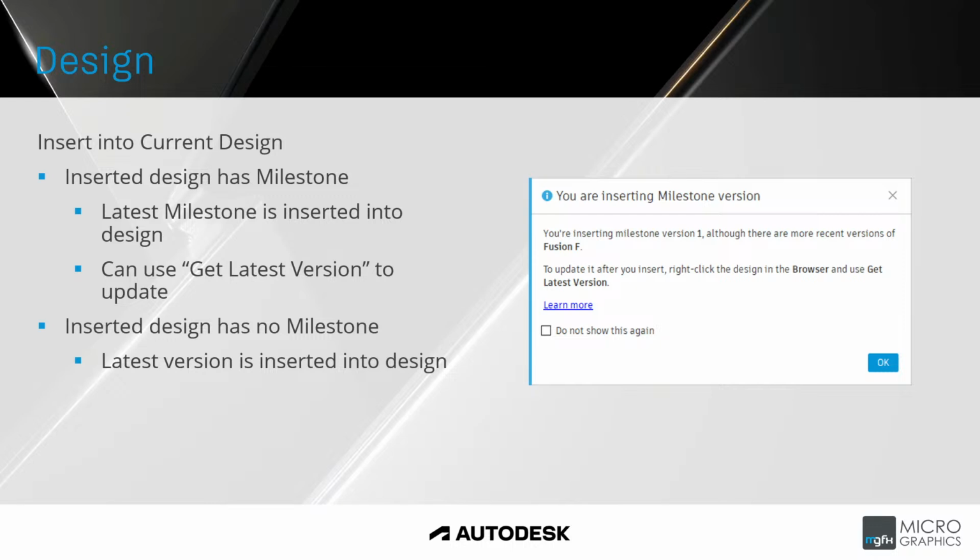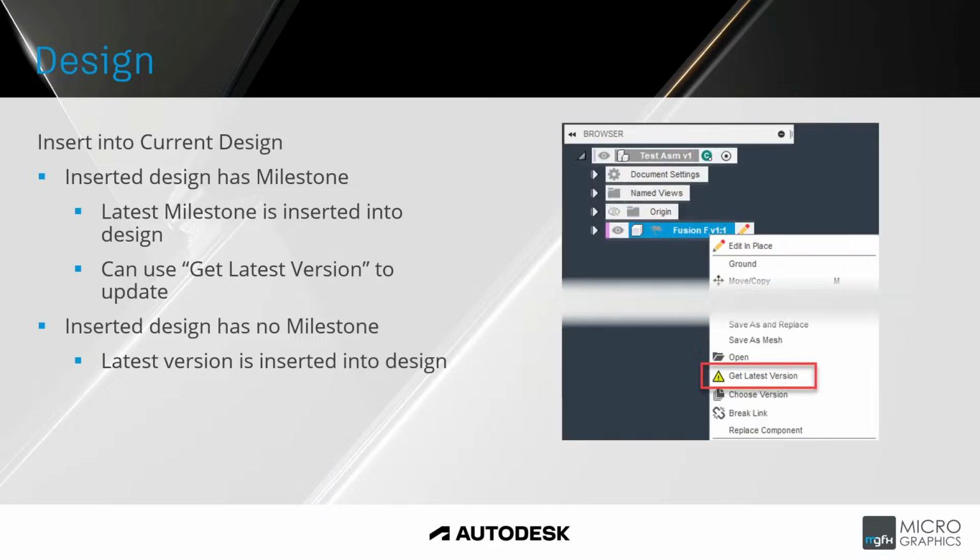If we want to update to the latest version, once the part is inserted, you can right click on that component or on that design file and choose the Get Latest Version option. You will notice in the browser that it shows the file Fusion F version 1 with the milestone flag, but there's no warning to tell you that it's outdated because you've loaded that milestone.